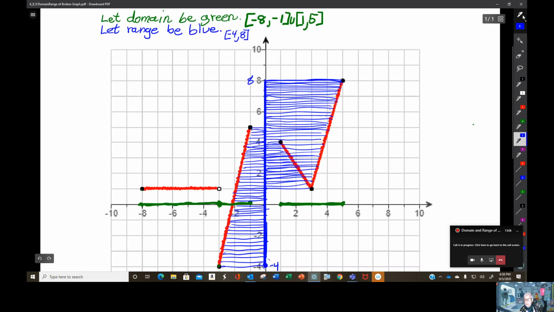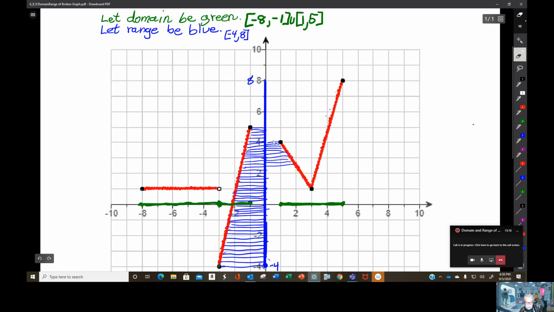So if I get rid of all of these very strange, kind of psychedelic lines there, okay, I've lost part of my domain.